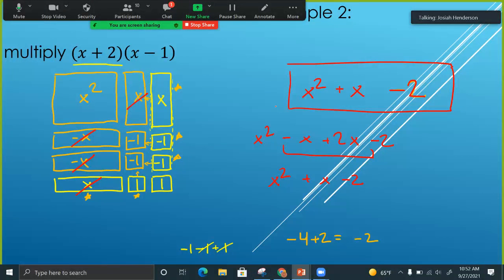But would anyone like to just do more problems together like this? Add on some more examples or any questions from any of today's examples that we've already done?